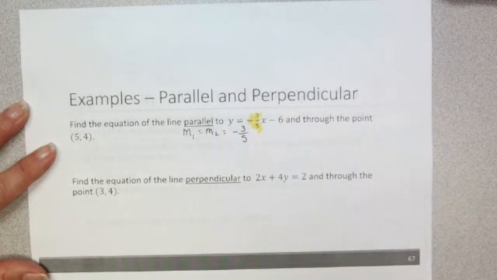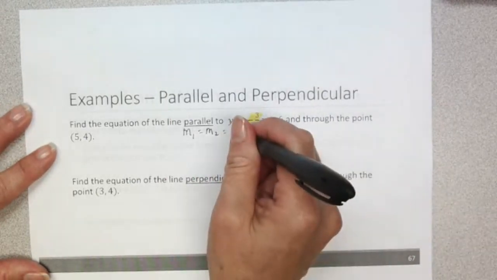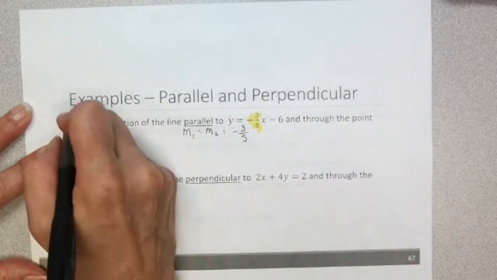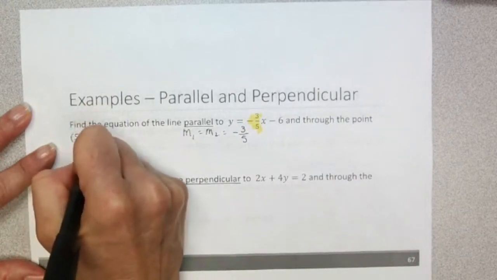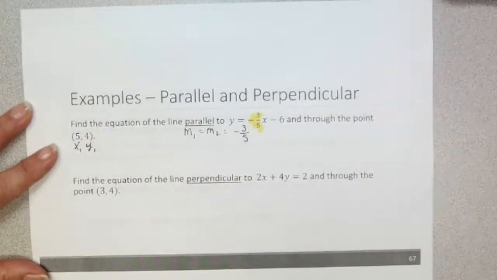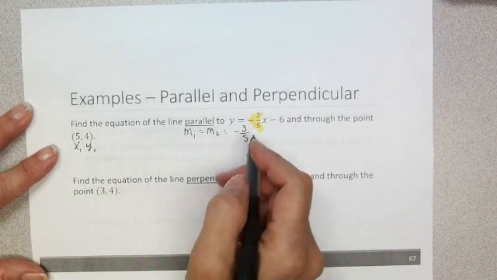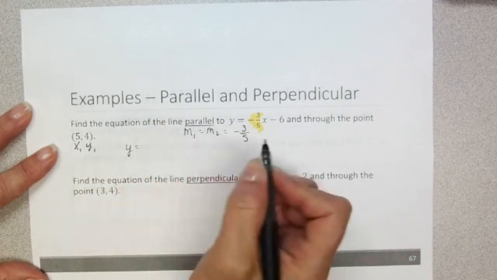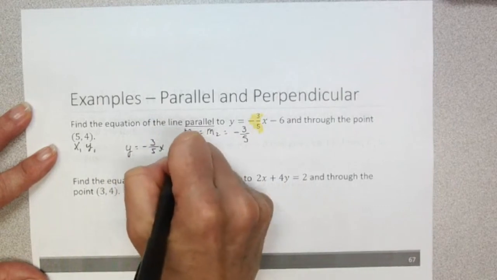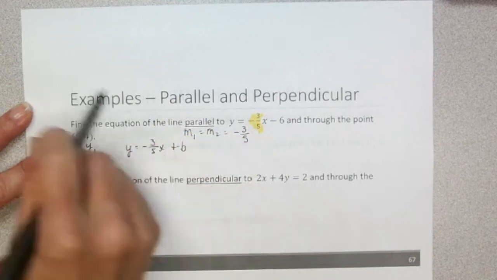So I know the slope, it's negative 3/5. I know one point that is on that line, the point 5, 4, there's an x1 and a y1. So I could use point-slope form here, or I could just say y equals m, which I know now, -3/5 x plus b, and I could use this point to find b.